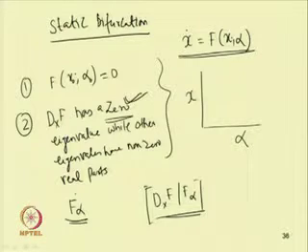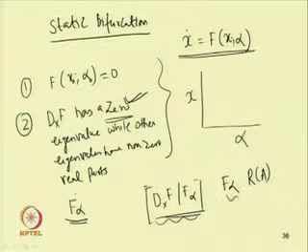If this f_alpha belongs to the range of the matrix A, then we can tell that this is another type of bifurcation. If f_alpha does not belong to the range of A, then it will be a saddle node bifurcation point.